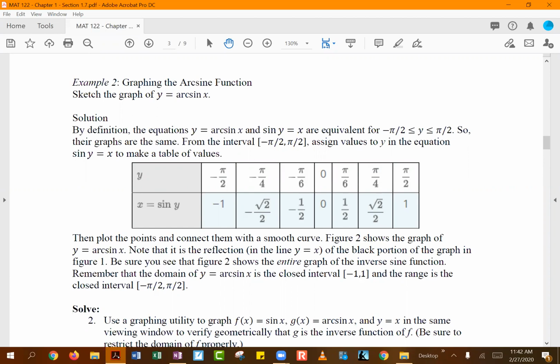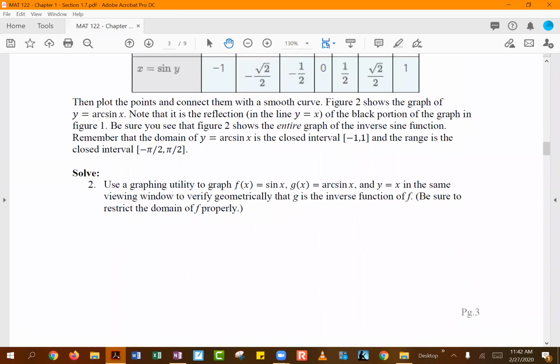If you're taking -pi/4, you're putting it in this function, right? Sine of y equals x, and x is actually this value that we have down here that we are calculating. And then of course, once you have your points, you can draw your graph here.